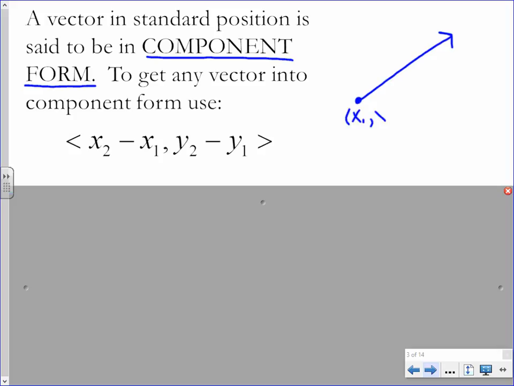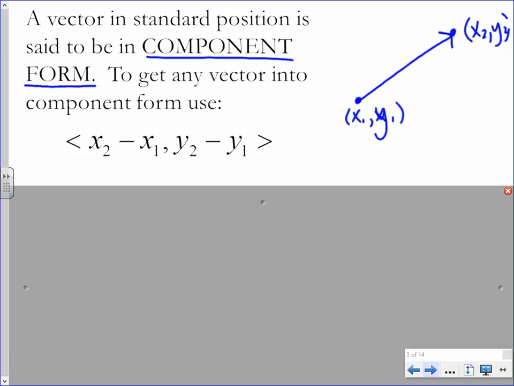Our initial point is what I have labeled as x1, y1, and our terminal point is what I have labeled as x2, y2. So if we know the two coordinates where our vector begins and where it ends, we can write the component form of the vector using this. Terminal minus initial for the x coordinates, terminal minus initial for the y coordinates.